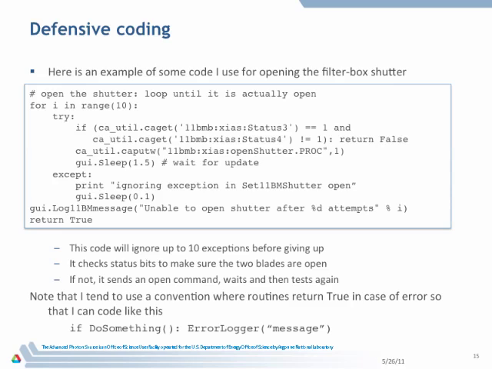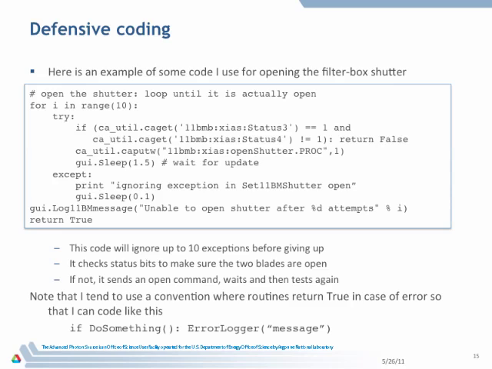If any one of these 2 or 3 CA gets and CA puts fails, it's just going to go right over here to this except, where it's going to print out a message so that if I find out, I can at least see that it happened. And it's going to sleep for 1/10 of a second. It's going to try again. And it's going to keep trying again up to 10 times until it either gets through or it gives up.